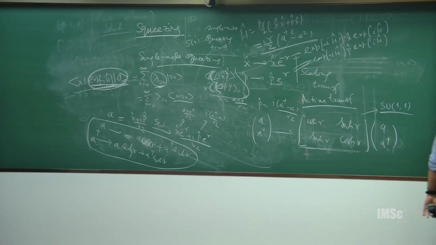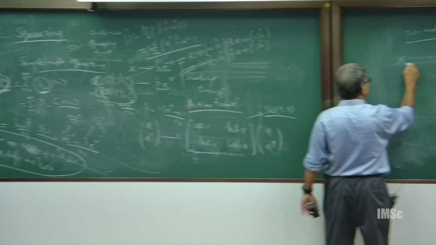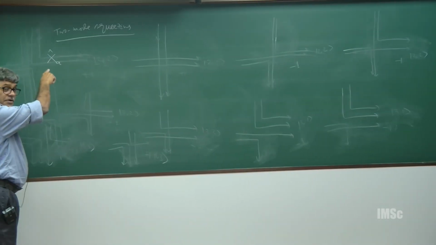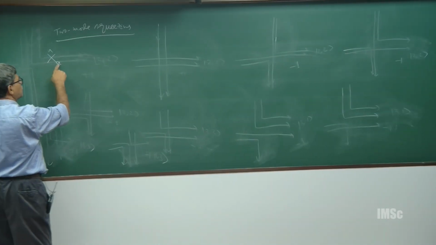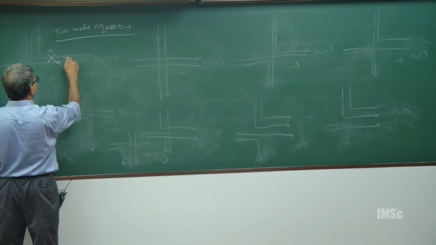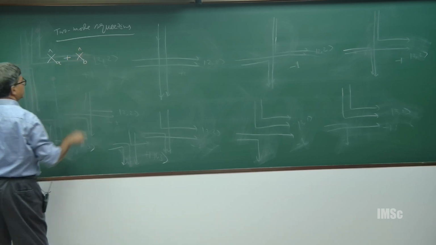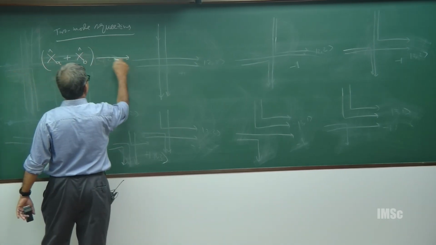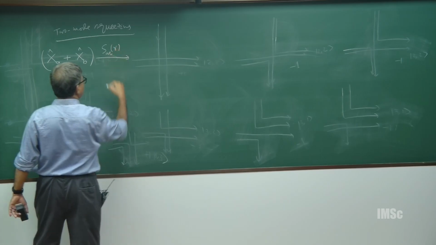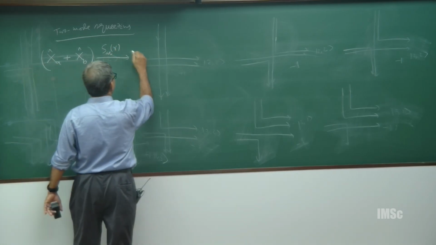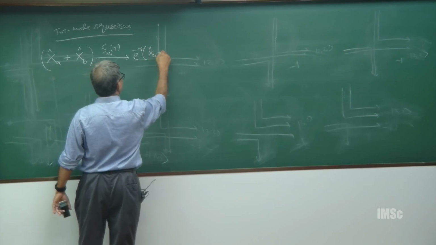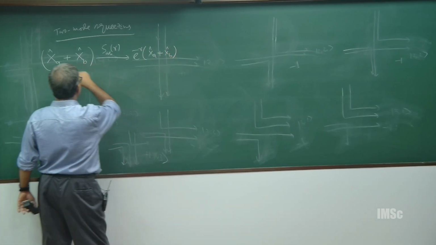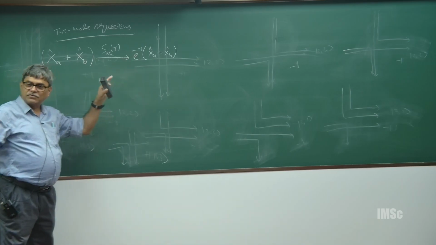So now two mode squeezing is something like this. You have two modes. I will call it x A, the position quadrature corresponding to mode A, plus x B. Then under this two mode squeezing, which I will call S AB of r for example, it will go to e to the power minus r times (x A plus x B). Whether it is plus or minus depends.